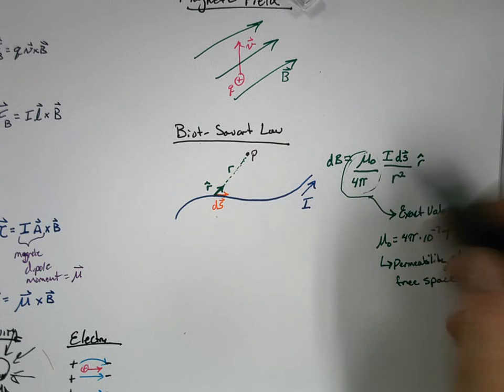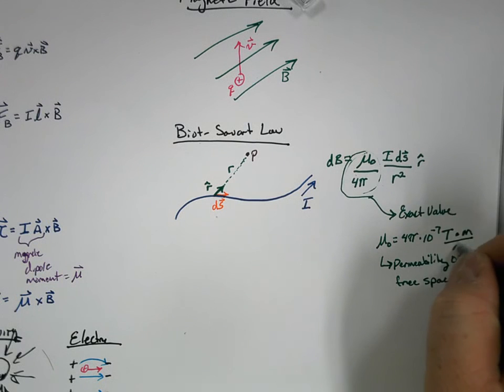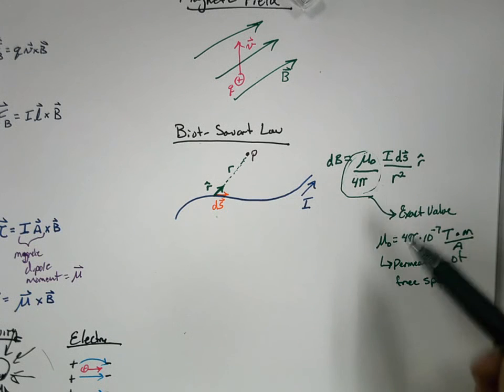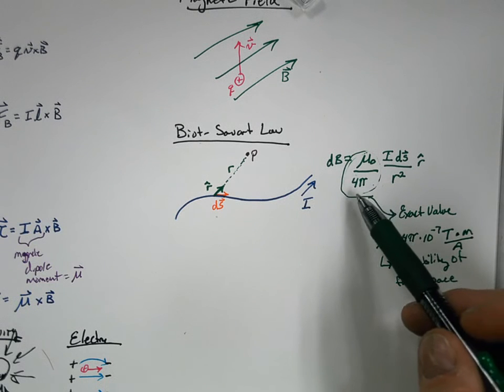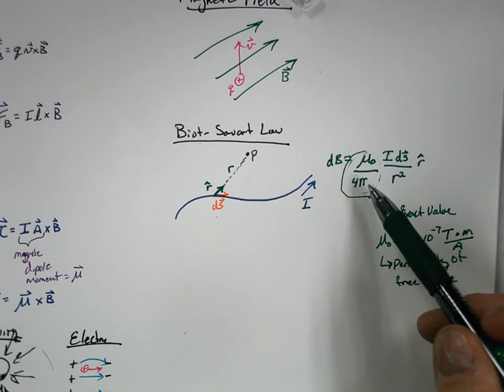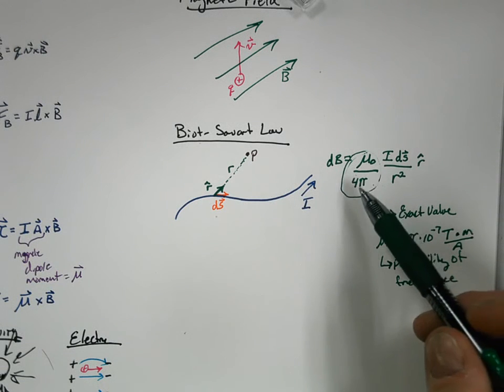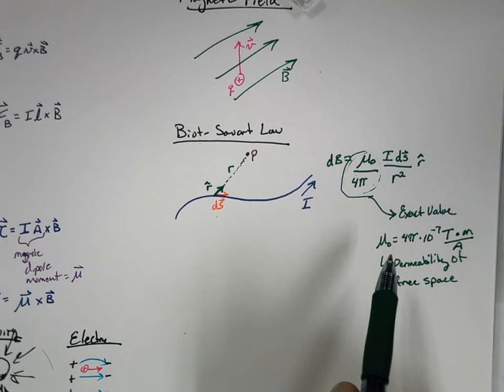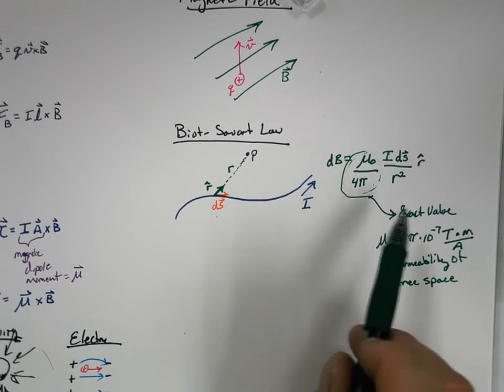And then we have a current, so that's going to be per ampere. And the reason this is exact is that this is actually how our magnetic fields are defined. This defines the strength of magnetic fields based on this particular value: 4 pi times 10 to the negative 7th Tesla meter per amp. And so that's how this becomes an exact value.